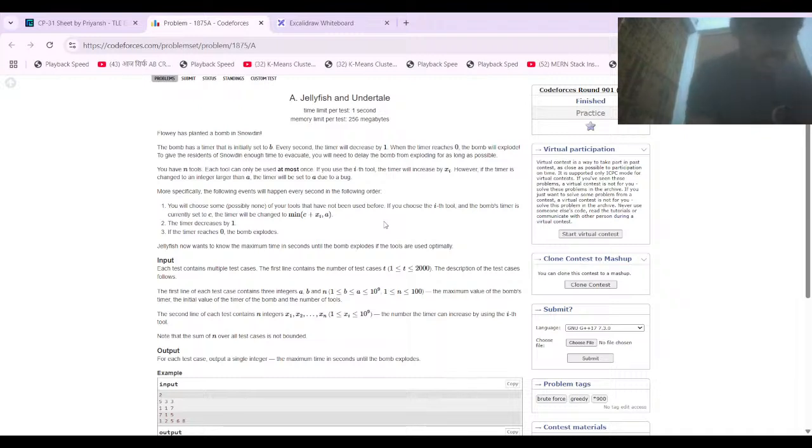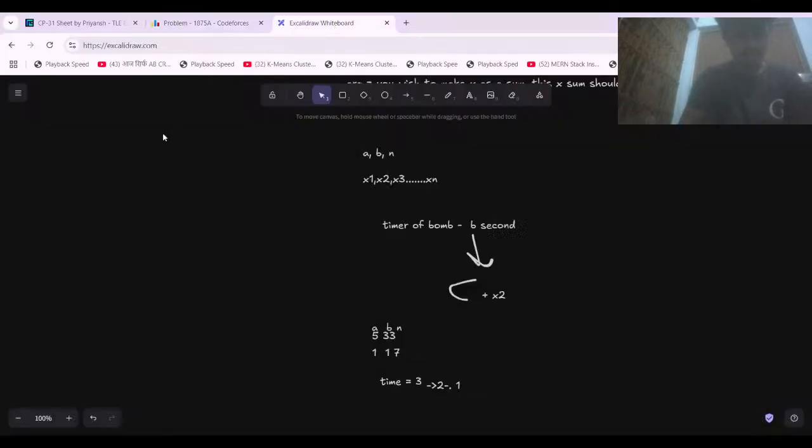Now let's say I keep it ticking again. So it goes from 3 to 2, then 1. So basically I cover one second more. And then what I can do is maybe use the third tool. So ideally this jumps to 1 plus 7, that is 8, but I can't eventually achieve a value of 8. Why? Because the timer cannot cross 5, so this value doesn't become 8, it becomes 5.